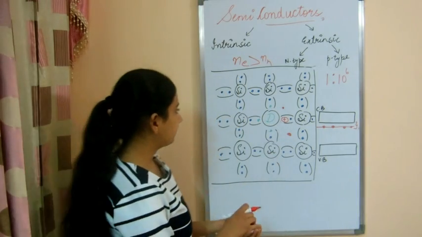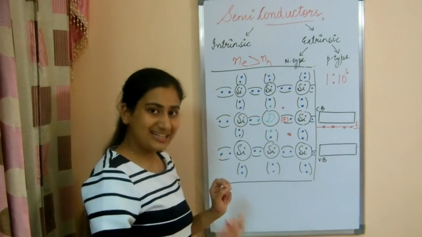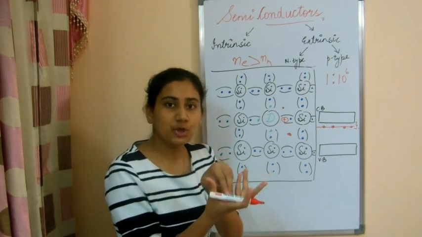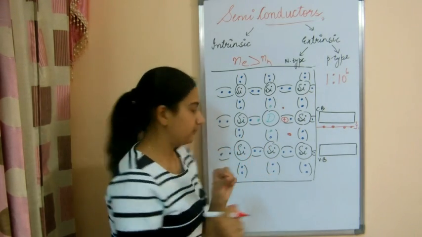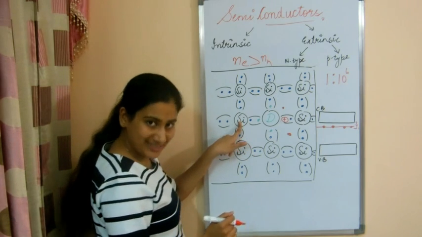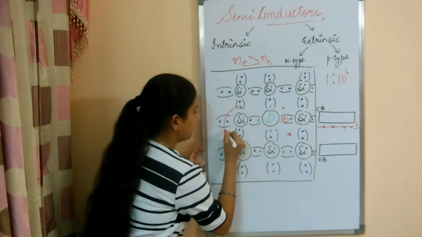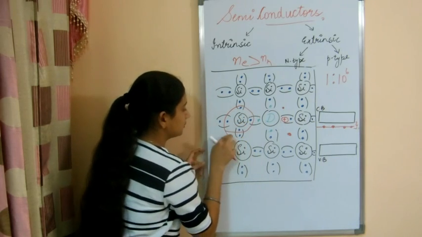Why? Let us see. If we talk about electrons and the atom, an atom has a nucleus and electrons are around it. So this is the nucleus of a silicon atom and it has 4 valence electrons. Silicon has atomic number 14, configuration 2, 8, 4, so 4 valence electrons.